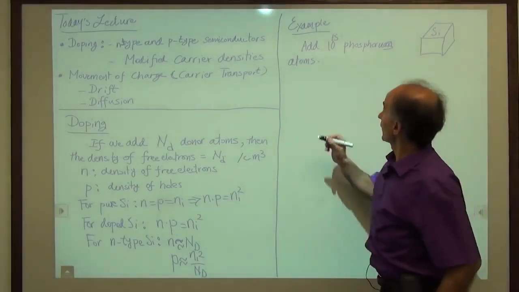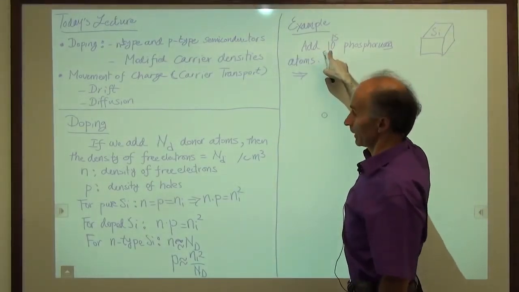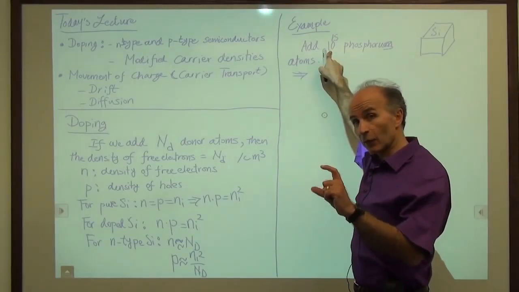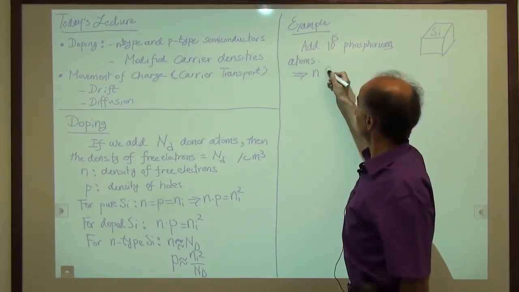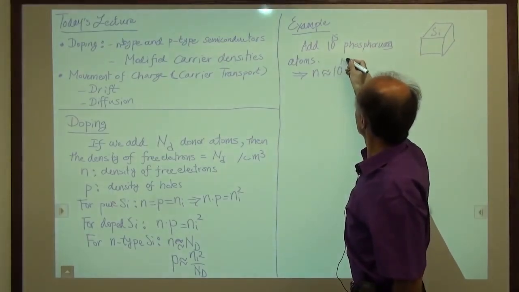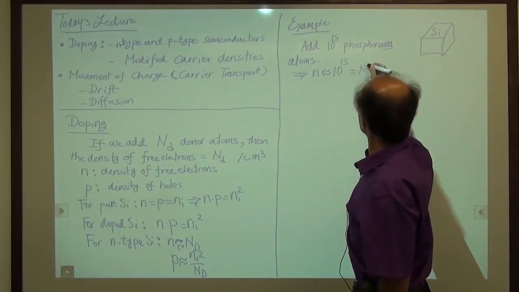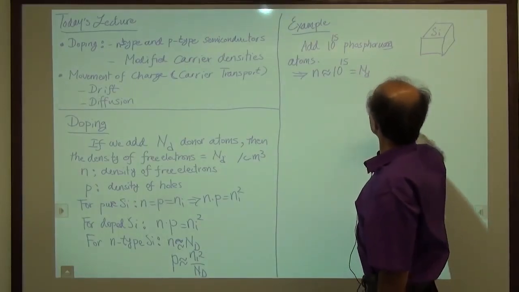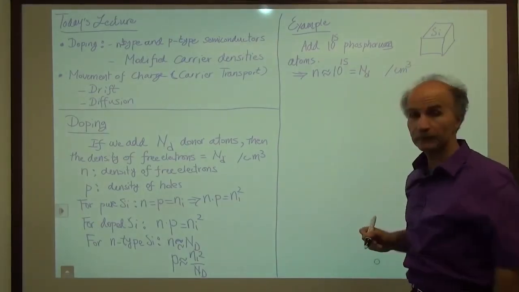Okay, so then what happens? Well, we know that because this is so far above 10 to the 10 for Ni, we can say that N, the number of free electrons, is approximately equal to 10 to the 15, which is what we call Nd. This is per cubic centimeter.